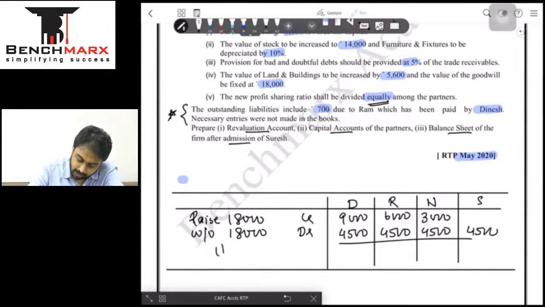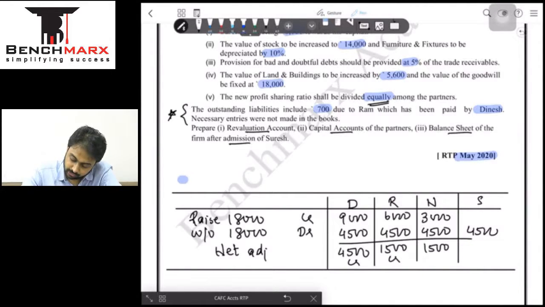After knocking off, the net goodwill adjustment is going to be 4,500 credit, 1,500 credit, 1,500 debit, and 4,500 debit.